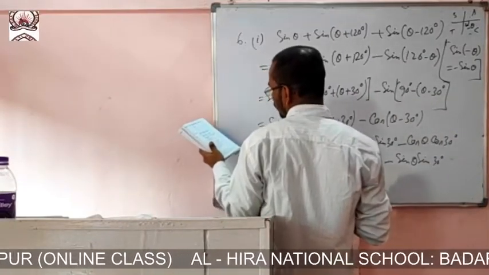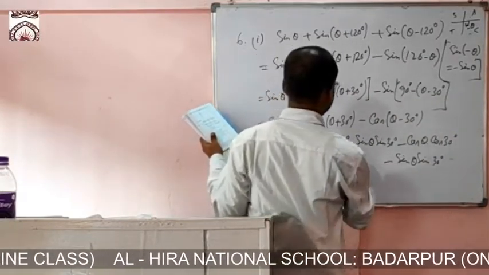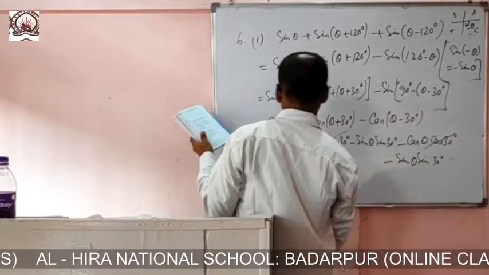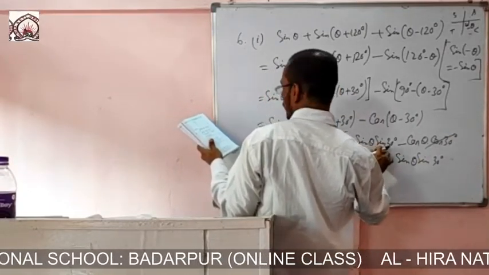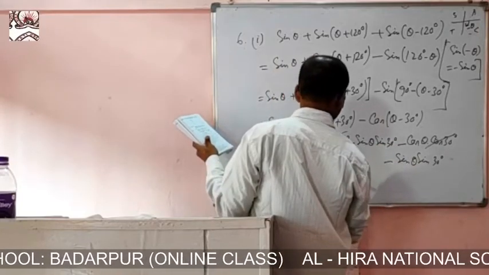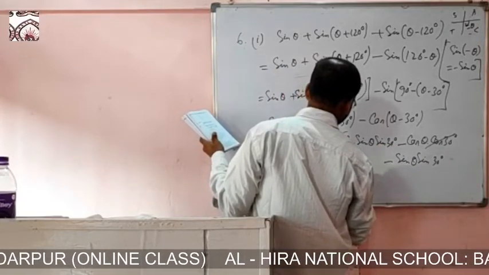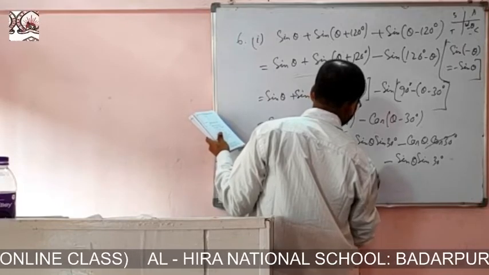Now cos theta cos 30 and cos theta cos 30 cancel, then minus sin theta sin 30 minus sin theta sin 30, you can write twice sin theta sin 30.